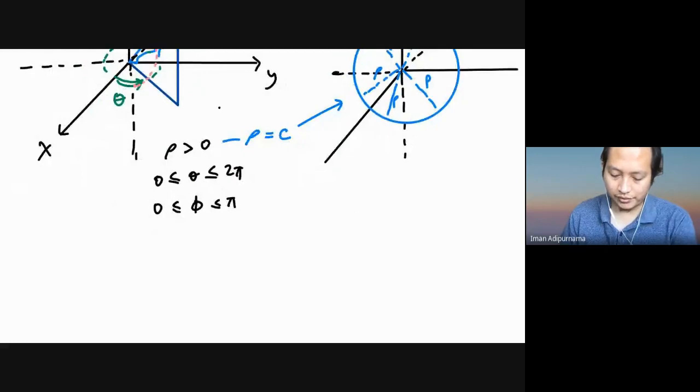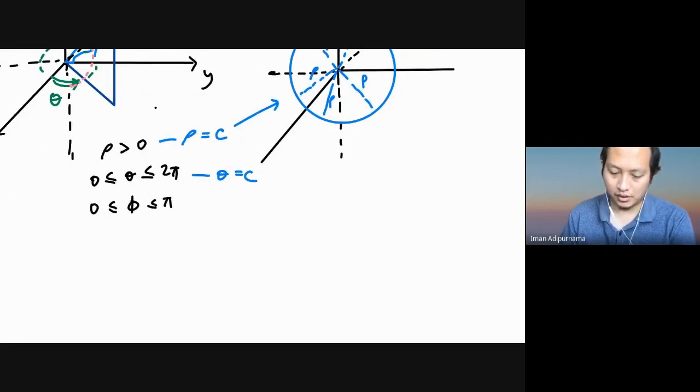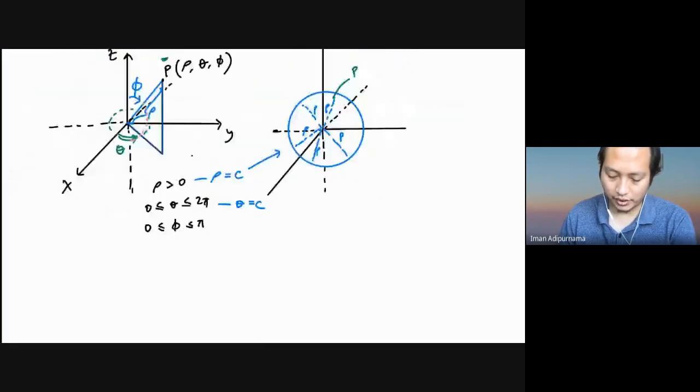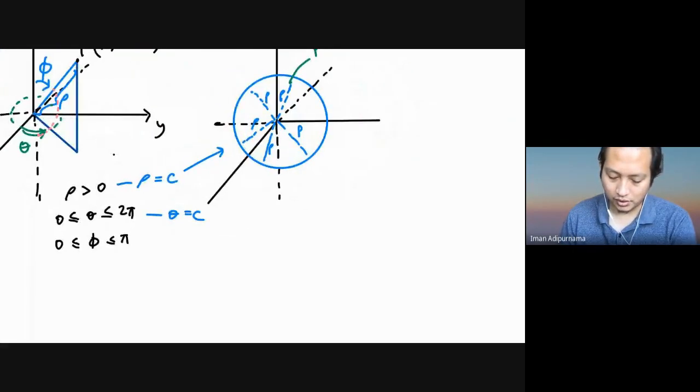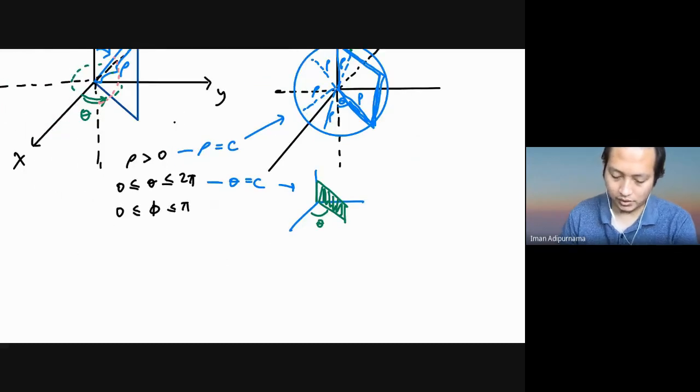And if theta is a constant, then, if you look at maybe theta is here, it will be a plane. It will be a plane here, if theta is constant.